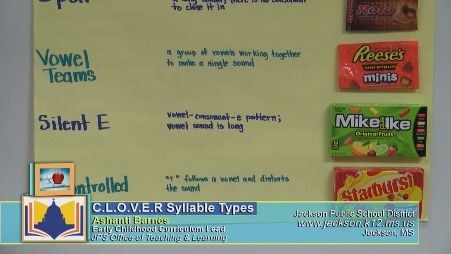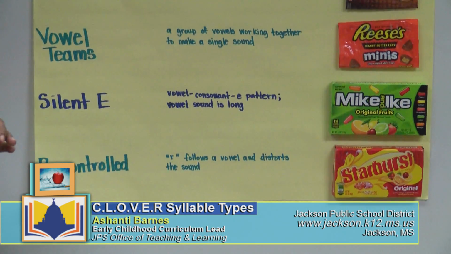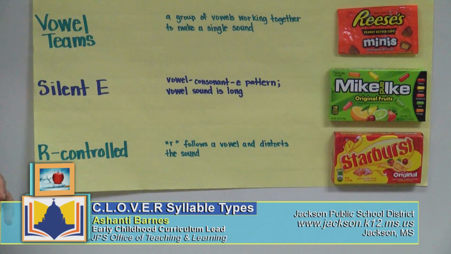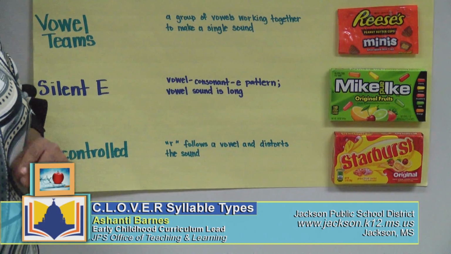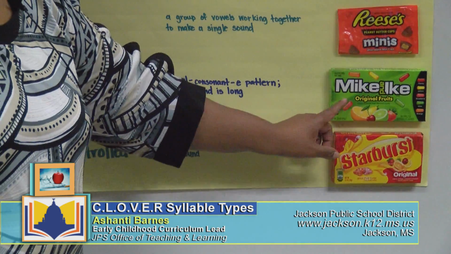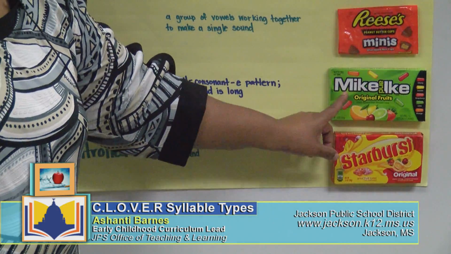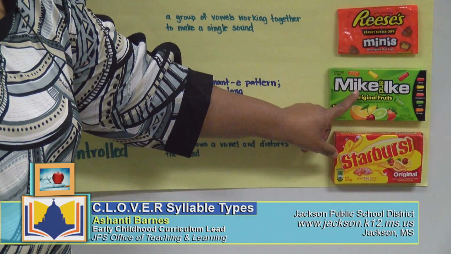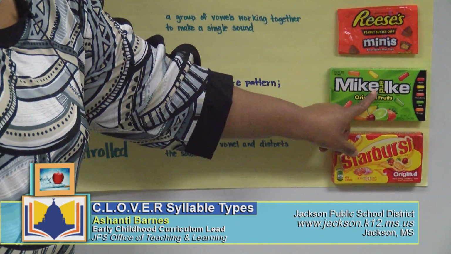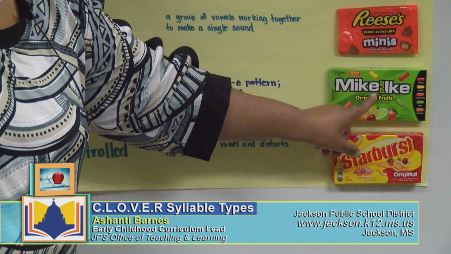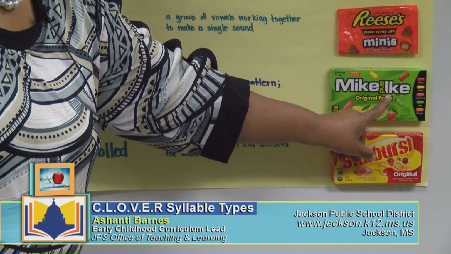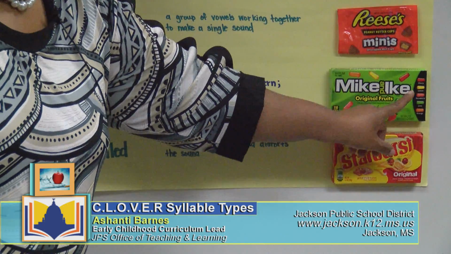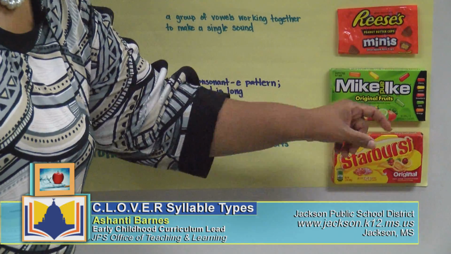Now here we have a vowel, consonant, E pattern, and the vowel sound is always long, just like our candy example, Mike and Ike. So let's look at Mike. We have a long I in Mike, and there is a silent E. The same is true with Ike. The I is a long vowel sound, and the E is silent.